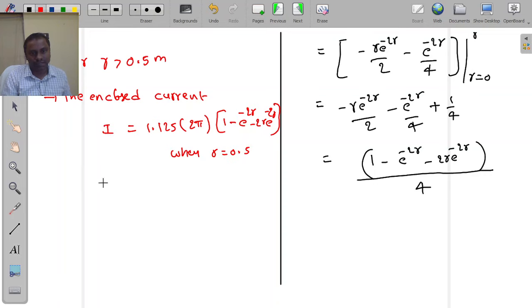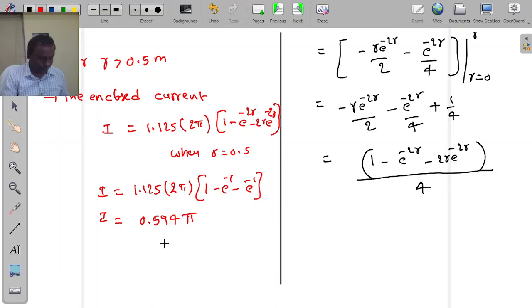Substituting that, when you substitute r equal to 0.5, it will become 1.125 into 2 pi into 1 minus e power minus 1 minus 2 into 0.5, 1 into e power minus 1. So the current enclosed will become 0.594 pi.